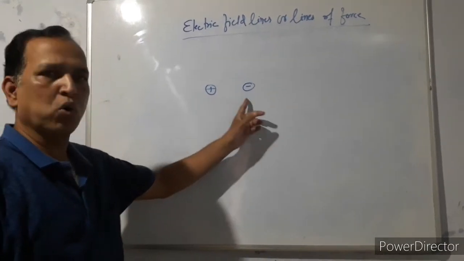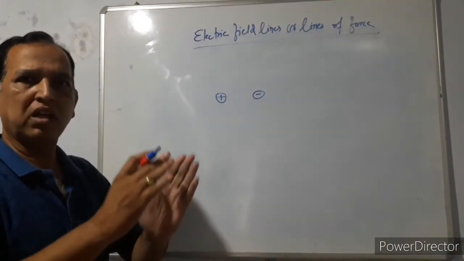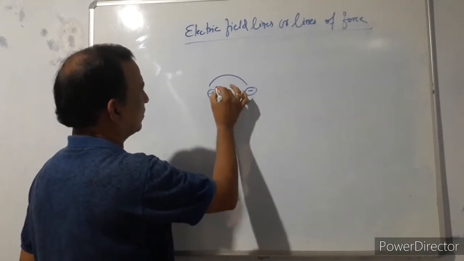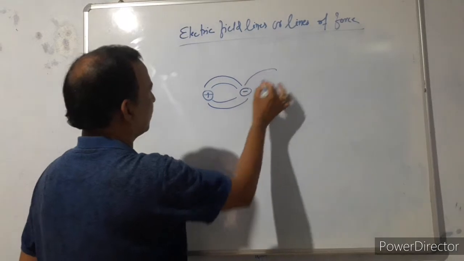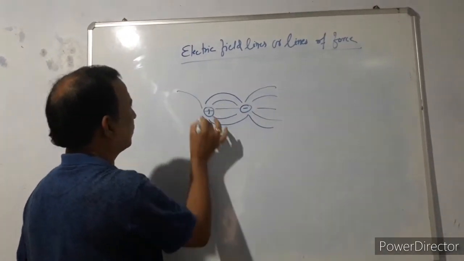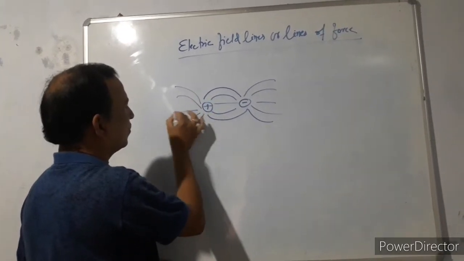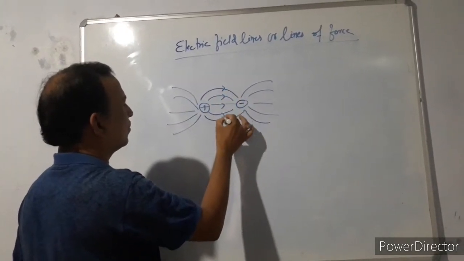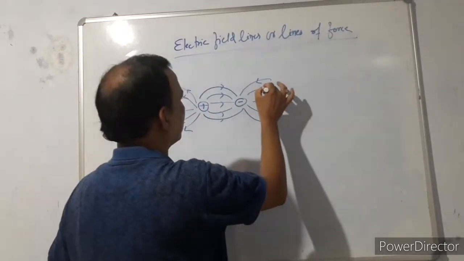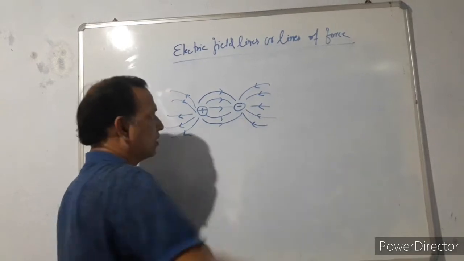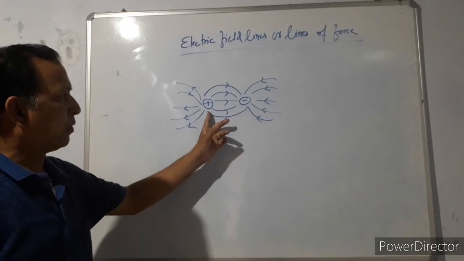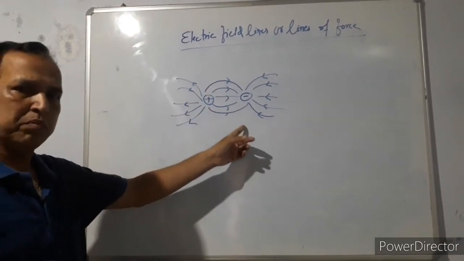But in case of the combination of two charges, means plus and minus, if these two charges are very close to each other, then the lines of force are curved like this.